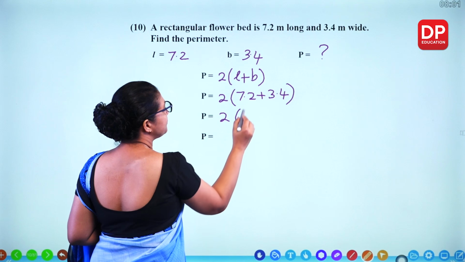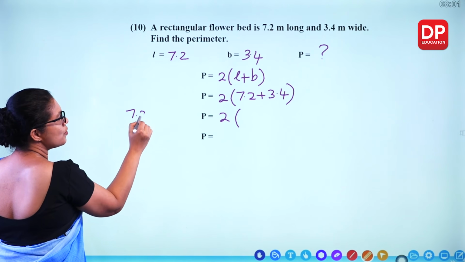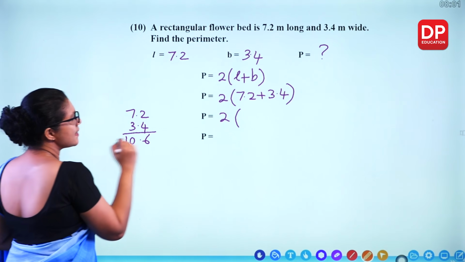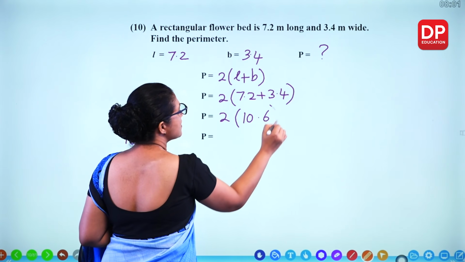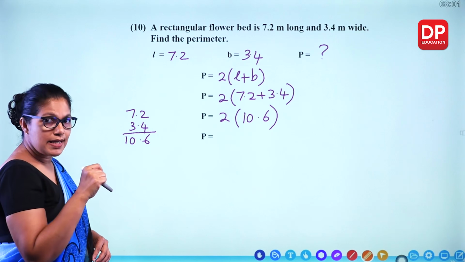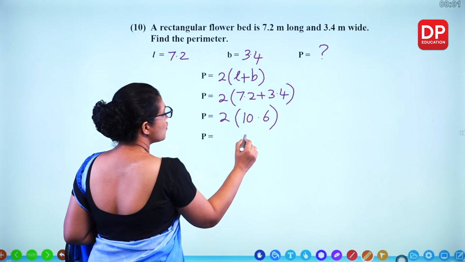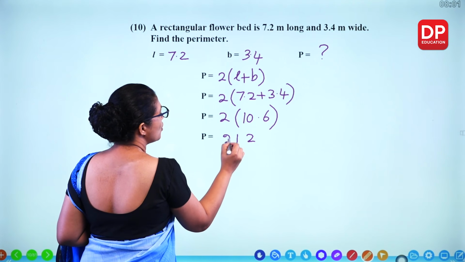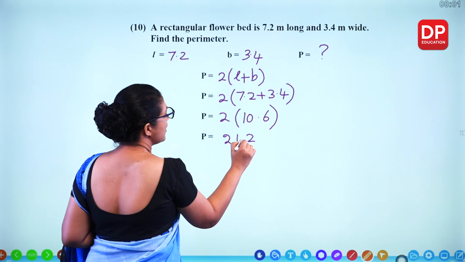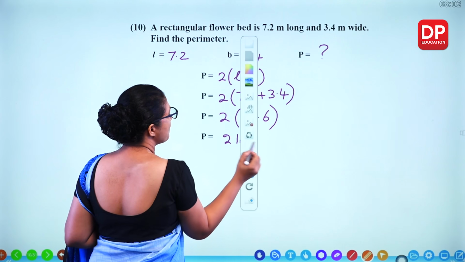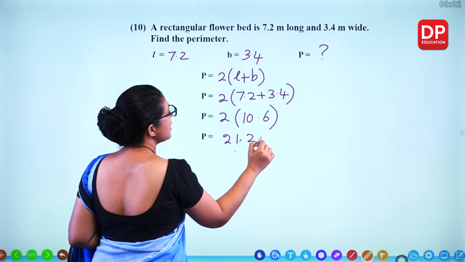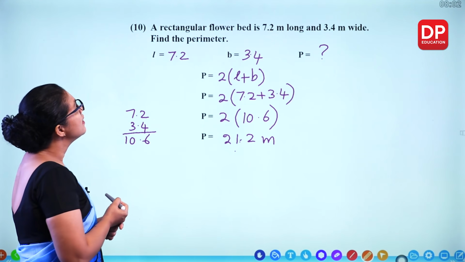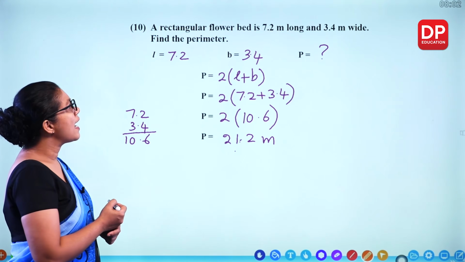Add it together. When you add it, you get 10.6. 10.6 times 2. Here, brackets mean multiplication. 2 times 6, 12. 1 remaining. So here 2 times 1, 2. So put a decimal point here, and you are getting 21.2 meters as the perimeter of this rectangular flower bed.